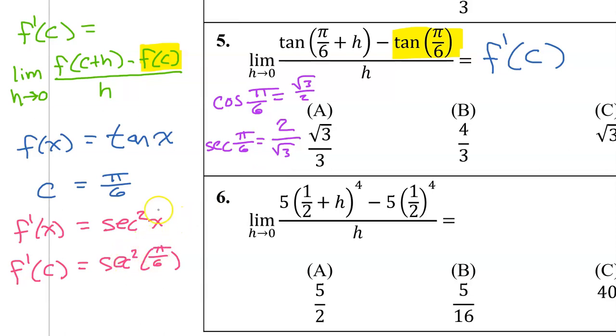Then what about secant squared? I'll go ahead and put that down. If I square this, that's going to be 4 over, and if I square radical 3, that's just 3. So f prime at c, in this particular case, should be 4 over 3. That means the answer is B.